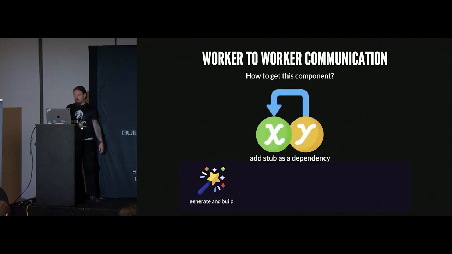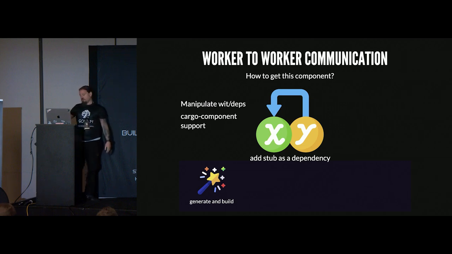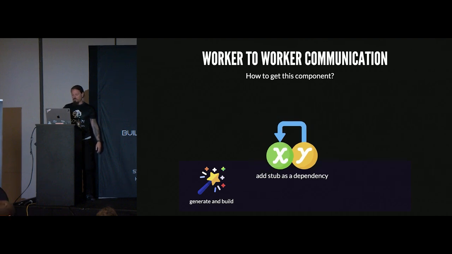And the next step is adding this stub as a dependency to the other component where you want to do the remote call. That involves things like manipulating these WIT dependency directories, and if it's a Rust project, then you also have to manipulate a cargo file, but it's really just moving files along and adding some dependencies into them.